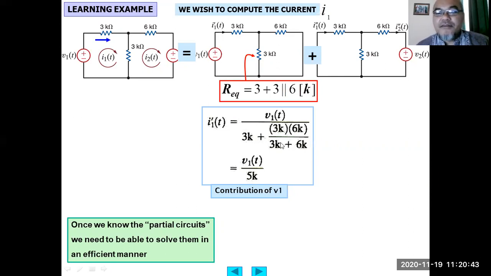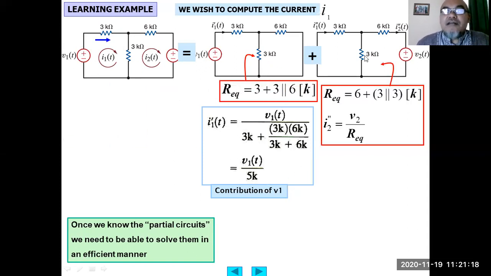That is 18K over 9K, which is 2K. 2K plus 3K equals 5K. So I1 dash, the contribution due to the first independent voltage source, is this current.